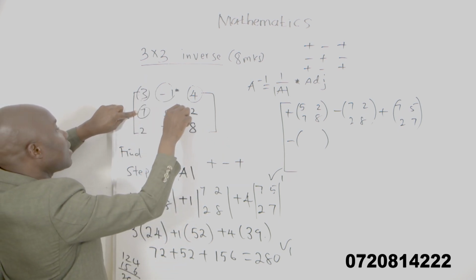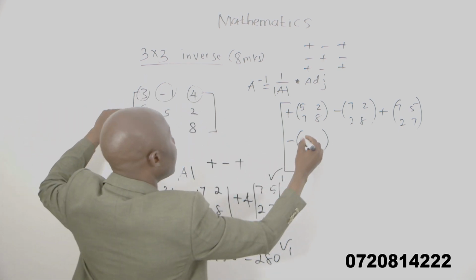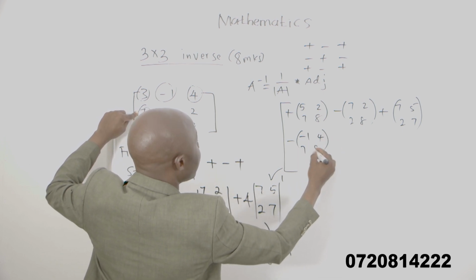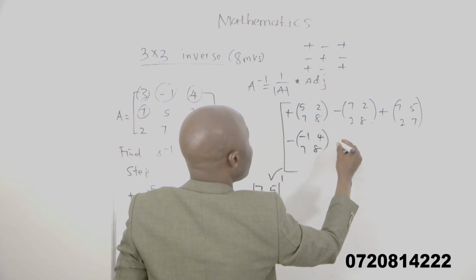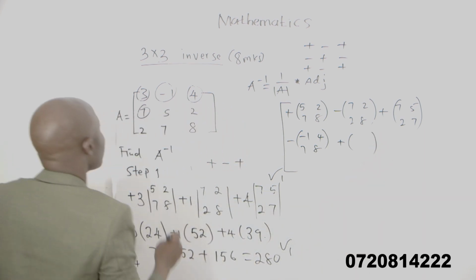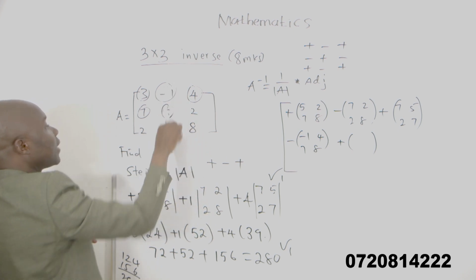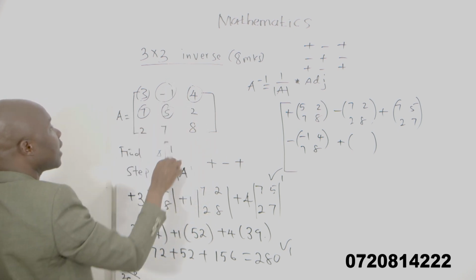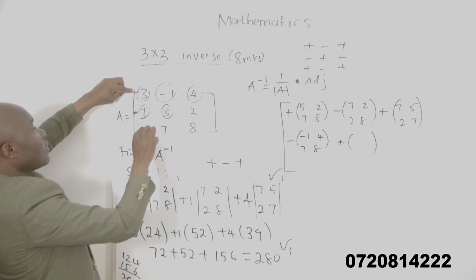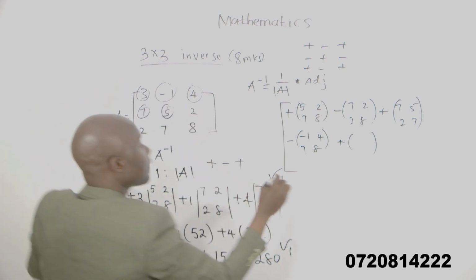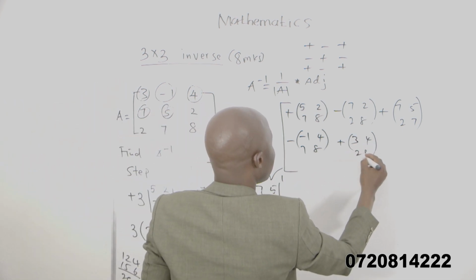So we will have negative 1, 4, 7, 8. Then I go to the middle, which is a plus. You delete the entire row and the entire column. So after deleting this and that, you will remain with the ends: 3, 4, 2, 8.